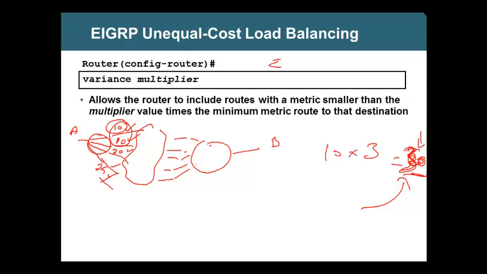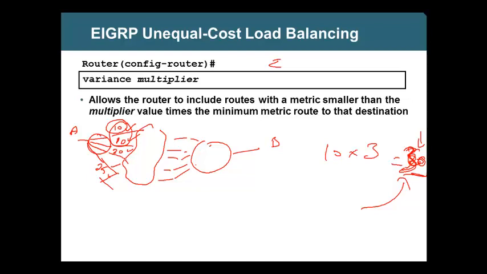Yes, sir. When the variance is default, how many paths were used? In this topology, this example I showed, when variance was default, how many paths were seen in the routing table? 2. When variance is 3, how many paths are used? 4.